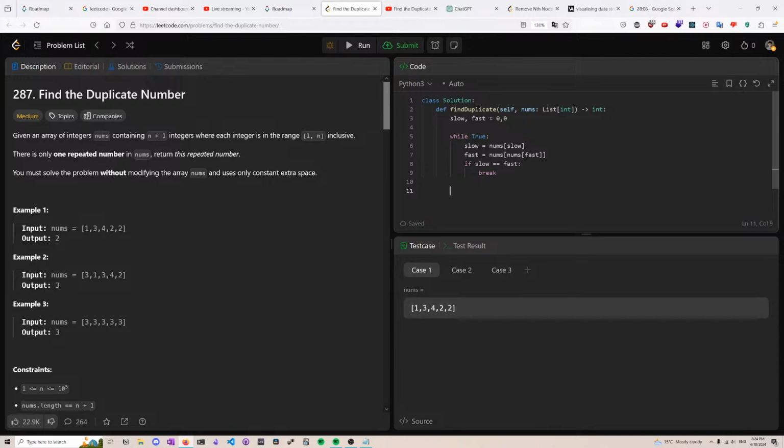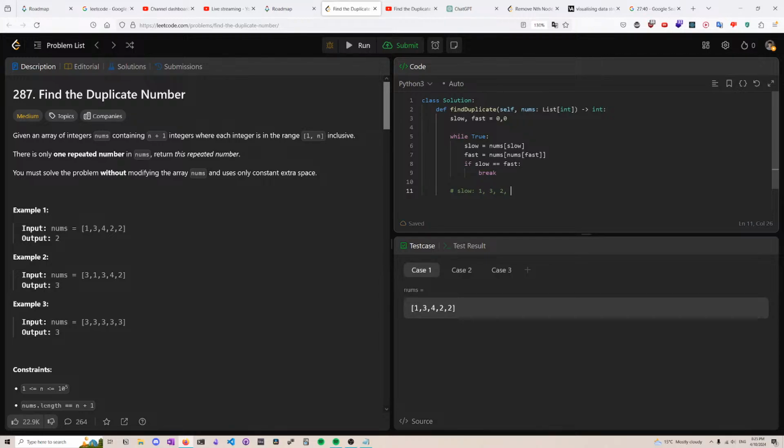So let's just go over it. So slow, so nums of 0 is 1. So now 1, nums of 1 is 3. Nums of 3 is 0, 1, 2, 3 is 2.